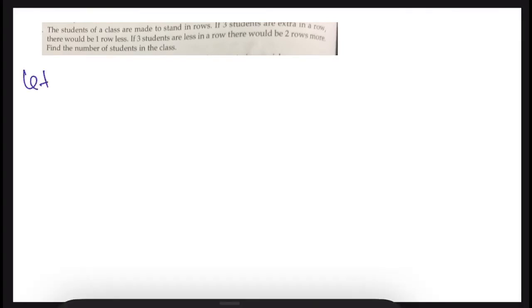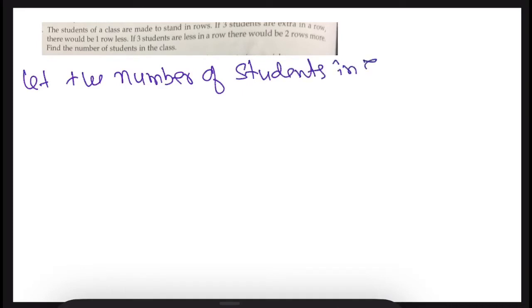So what shall we write? Let the number of students in each row be x. The way we made 9 students in a row, similarly x students were asked to stand in a row. Then how many rows did they make?